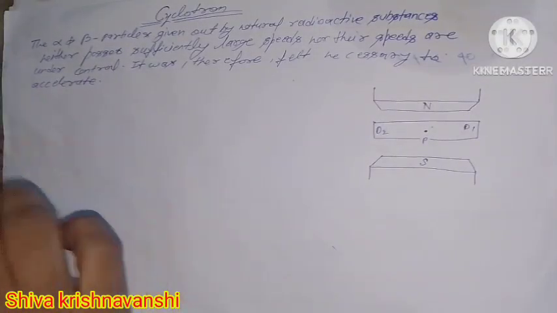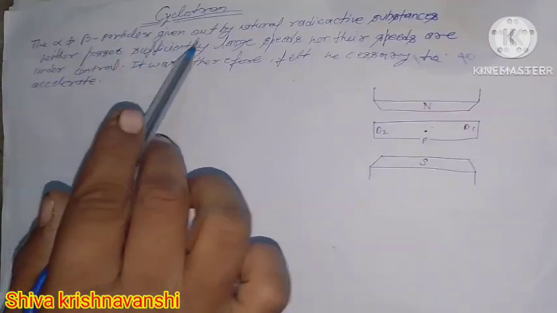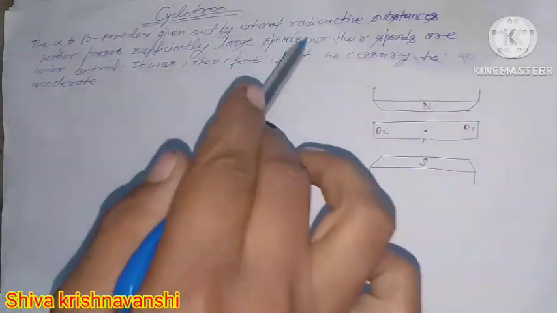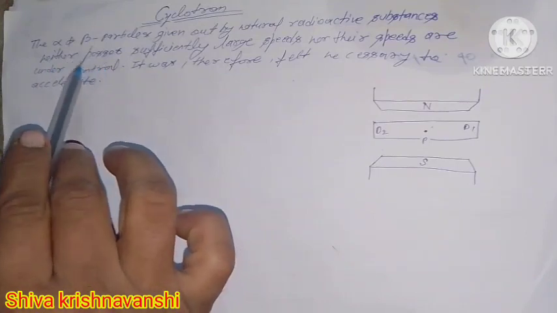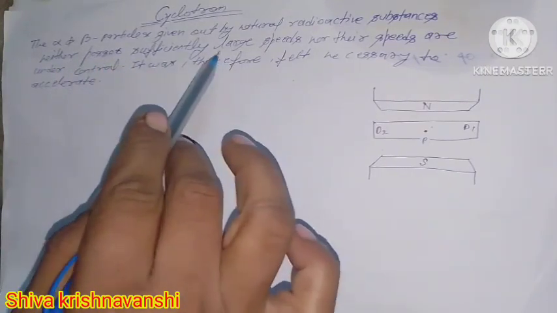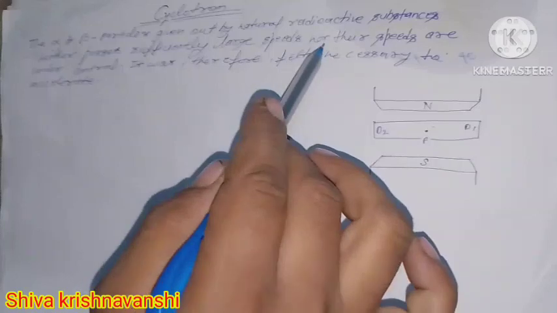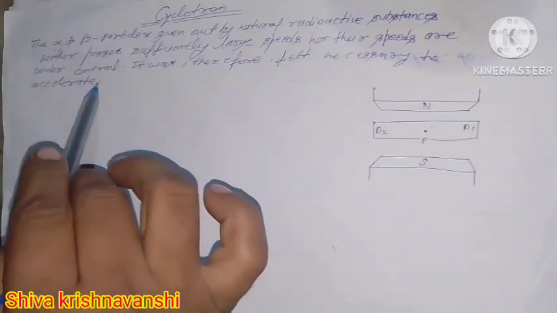Cyclotron. The alpha and beta particles given out by natural radioactive substances neither possess sufficiently large speeds nor are their speeds under control.